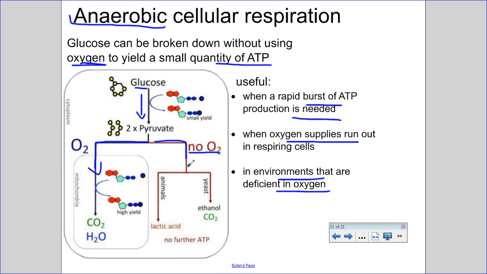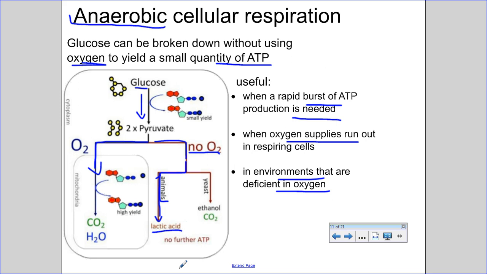In animals, such as us, as that pyruvate gets metabolized, it generates a compound called lactic acid.